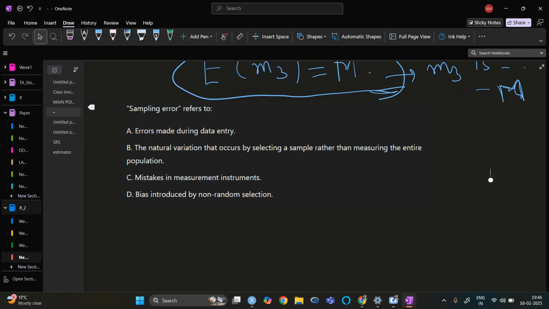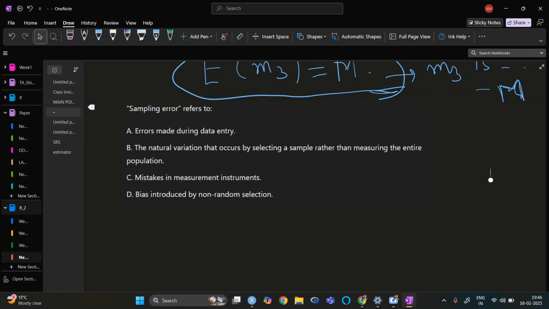So let's say my population is regarding the marks in a class of students.